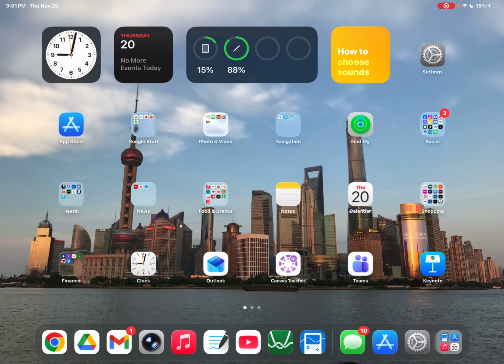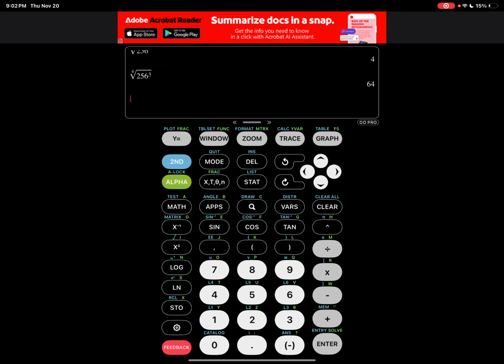So I'm going to clear, and type 243, exponent, and I like to use parentheses, to the 2/5 power. So 243 to the 2/5 power, and I got 9.